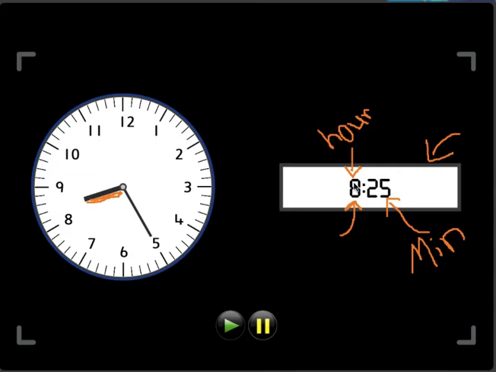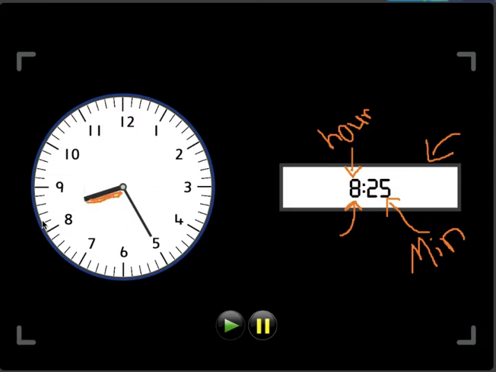Okay, so digital clocks can make reading the time so much easier than on an analog clock because you don't have to count in steps to figure out the total number of minutes, okay? Like how we were doing yesterday where we would count by 5s around the clock. However, you could read this time as 8:25 and you could read this time as 8:25, right?